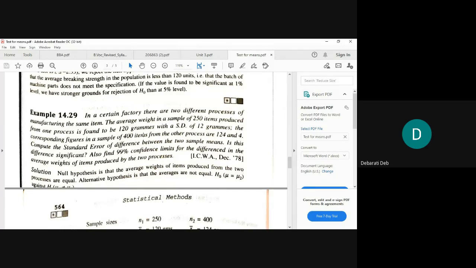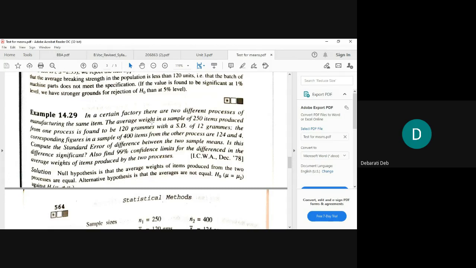So the second line is talking about the first sample where there are 250 items. So first is N1, that is the sample size of the first sample is 250. And the average weight, that means this is the mean of the first sample, which is 120 grams with an SD of 12 grams. That means standard deviation of 12 grams.